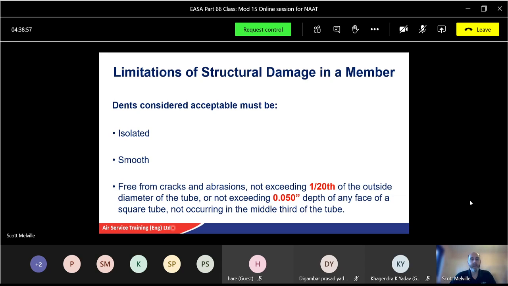But how could you measure a dent? How could you measure a dent in a pipe or a tube? How do you think you measure one? Any ideas? So you've got a dent in a tube. How could you physically measure how deep that dent is?